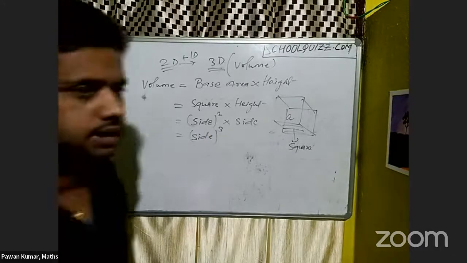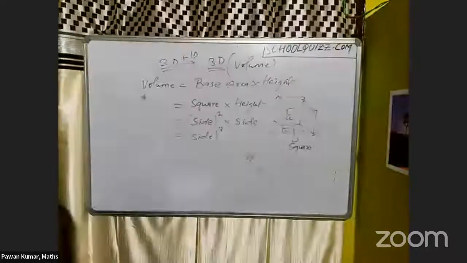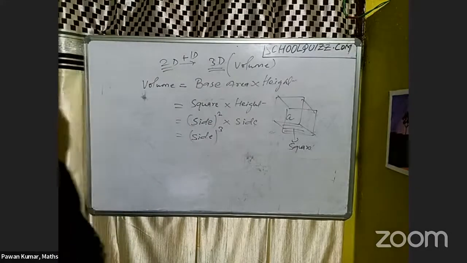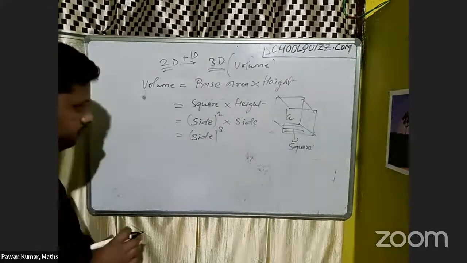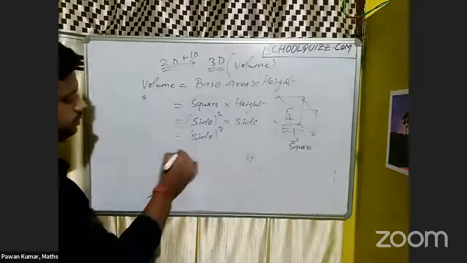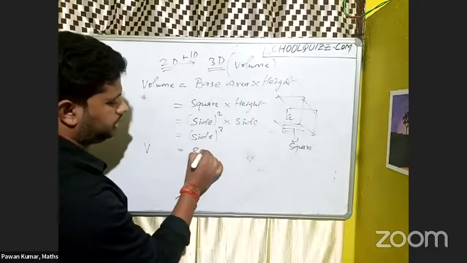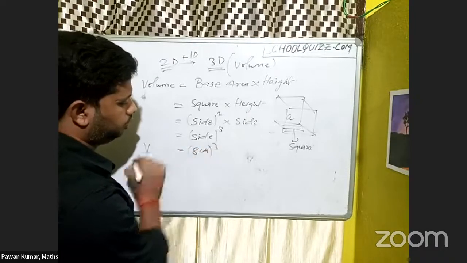Let it be the same question for this one. If the side is 8 centimeters, what will be the volume? So the volume is 8 centimeter whole cube.